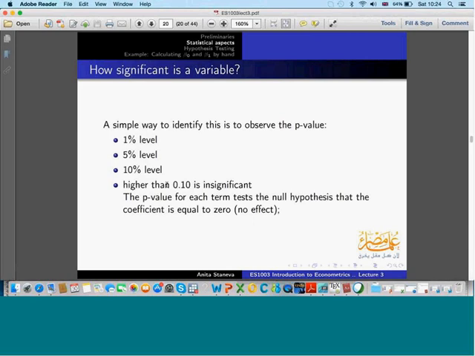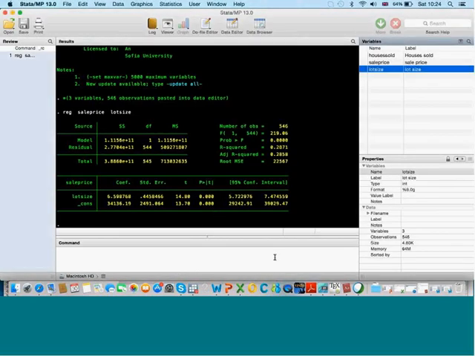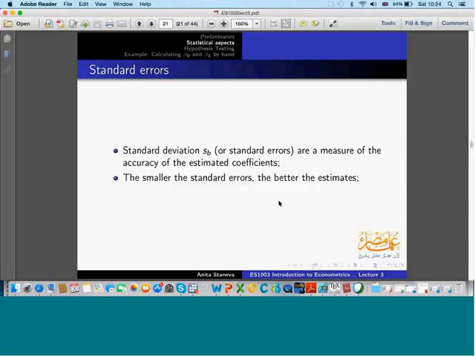The p-value for each term tests the null hypothesis that the coefficient is equal to 0, or that there is no effect. There's another term that I just mentioned, the standard deviation or standard errors, which again are a measure of the accuracy of the estimated coefficient, and they are also provided in your output over here. So the smaller the standard errors, the better your estimated model will be.